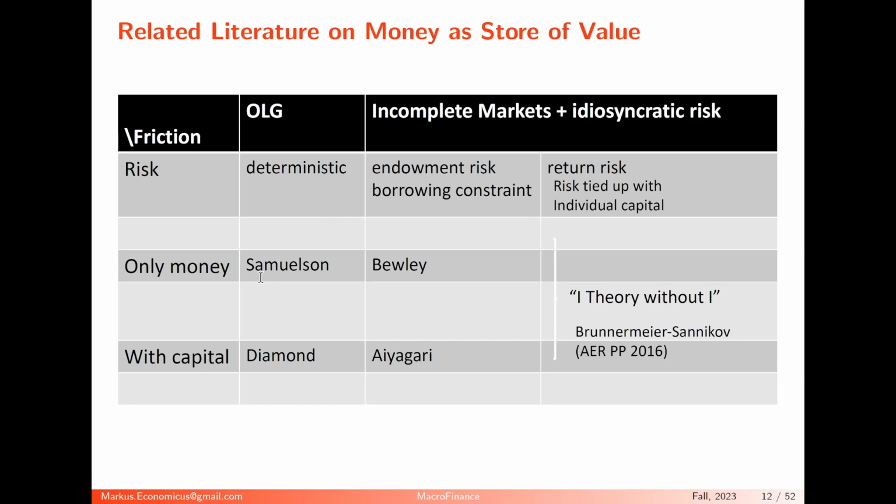Most models are 2-generation models, old and young. The original Samuelson model was 3 generations. And these are deterministic models. And Peter Diamond then introduced capital into this setting. There's a parallel literature which is about incomplete markets and idiosyncratic risk. And in these models, you have some exogenous endowment risk.